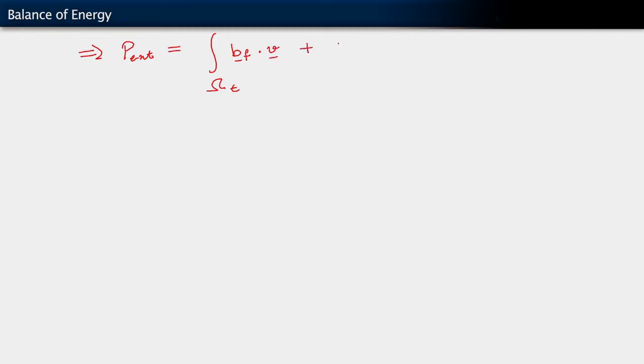Okay, the first term that we get is of the form spatial gradient of V contracted with sigma, and the second term is V dotted with the divergence of sigma. Okay, all of this dV.